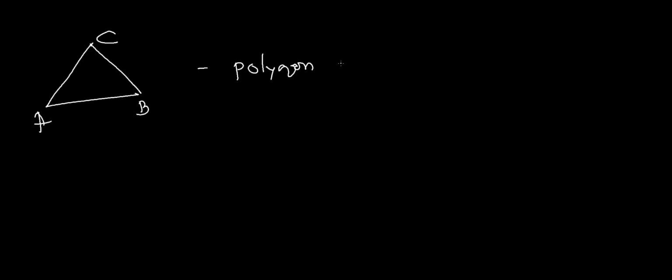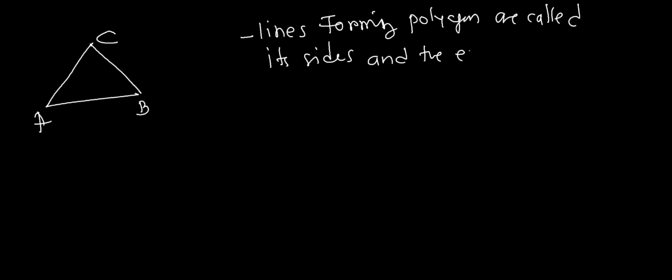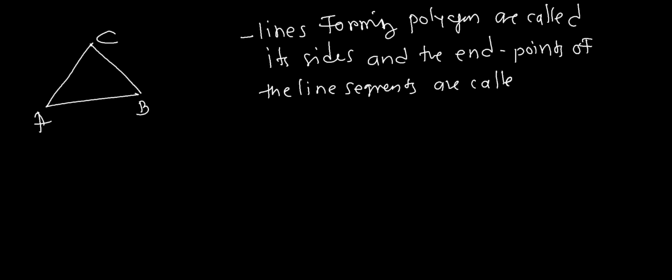The line segments forming a polygon are called its sides, and the endpoints of the line segments are called its vertices.